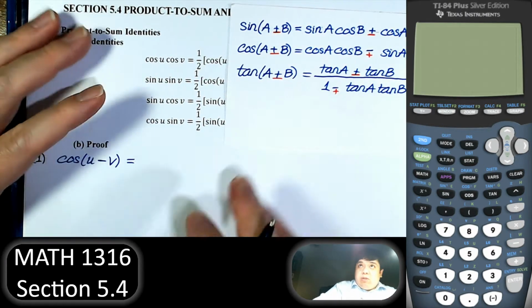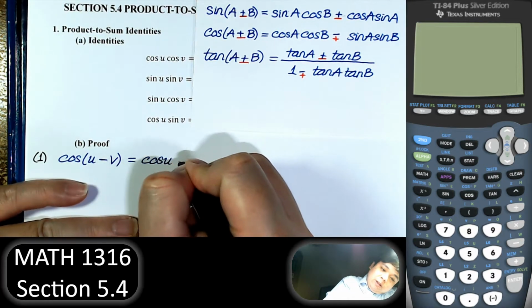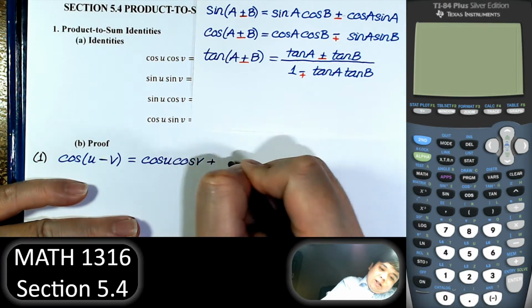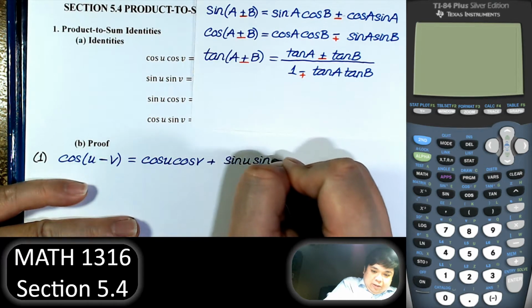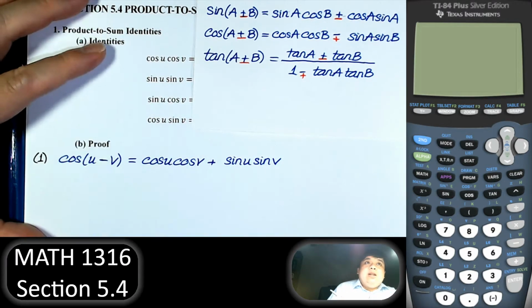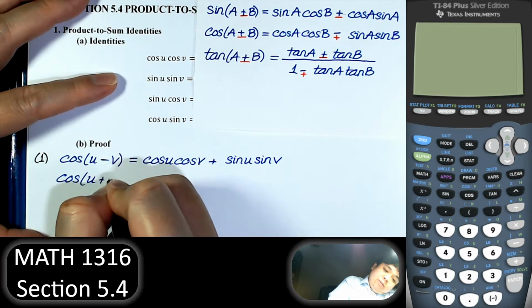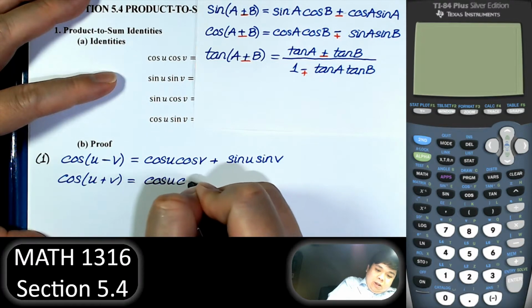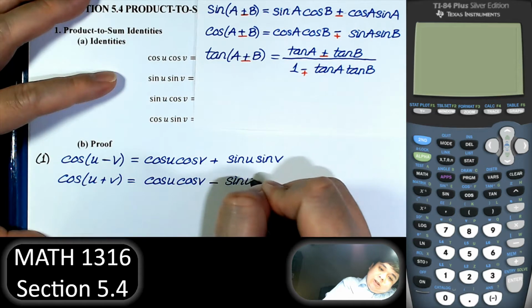Cosine of u minus v is cosine of u, cosine of v, plus sine of u and sine of v. And then when we have cosine of a sum, it's cosine of u, cosine of v, subtract sine of u, sine of v.